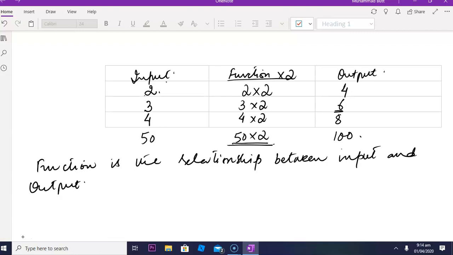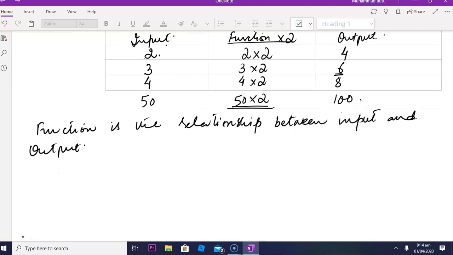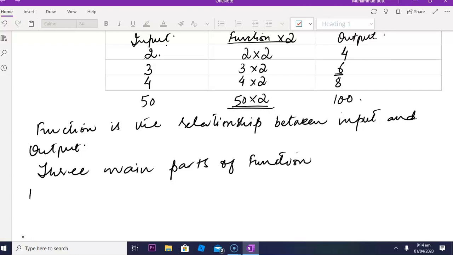And from this example, we can also conclude that there are three main parts of a function. First is input. The second one is function itself or the relationship.